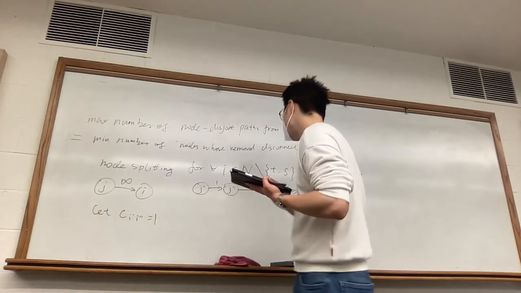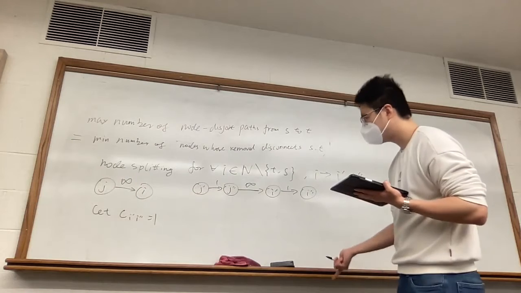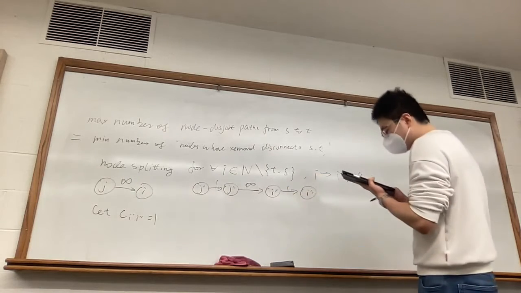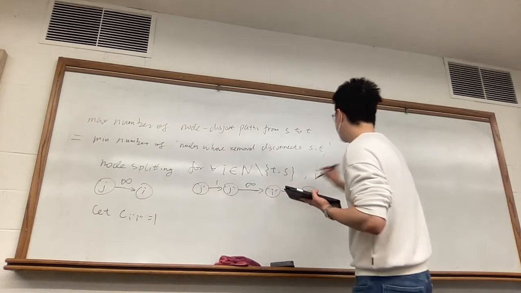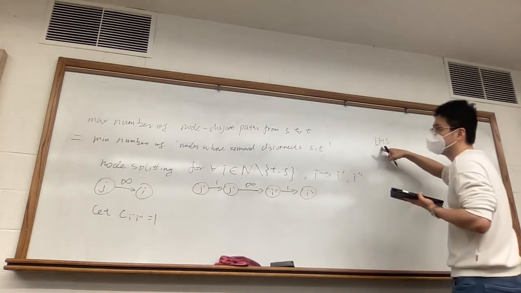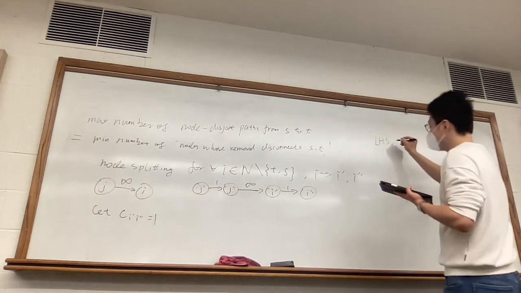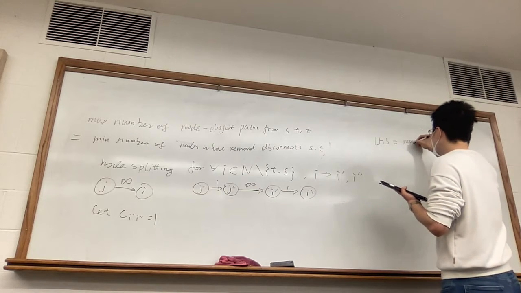Sorry about that. You are not told the arc capacity. Okay, then we can claim that the left-hand side of this is just equal to the max flow.